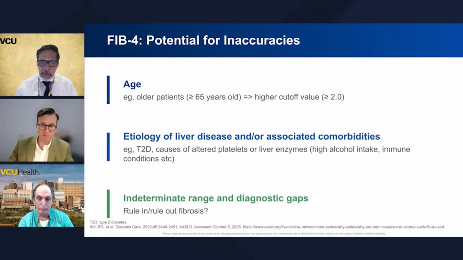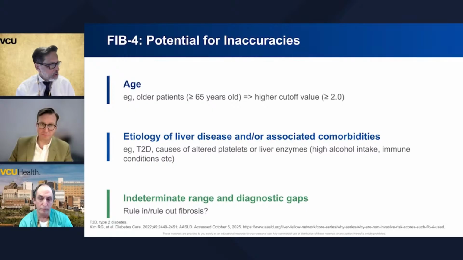So, I think there may be a couple of other caveats to this. One, of course, is that this is not to be measured when someone is acutely ill in the hospital, because the liver enzymes can often be elevated when you're hospitalized for a variety of reasons and does not provide a true reflection of the baseline status of the patient.